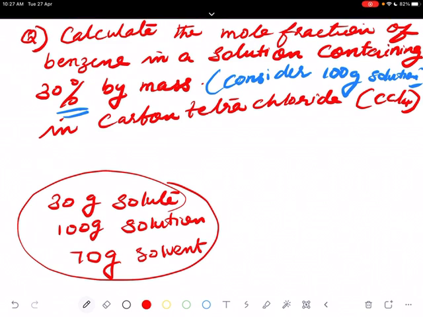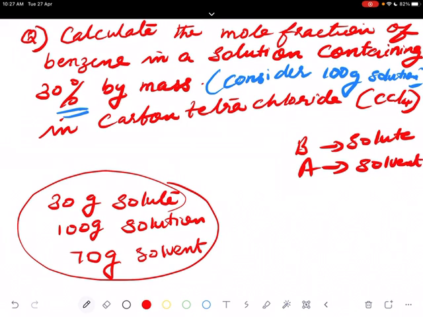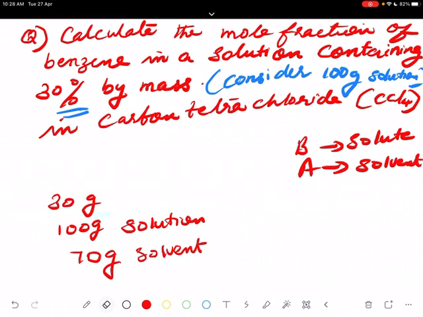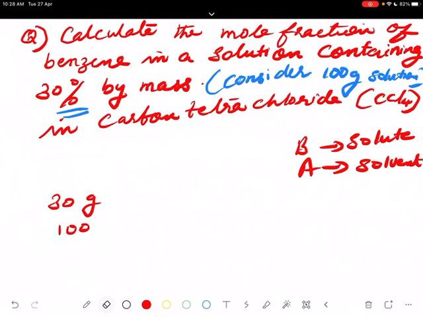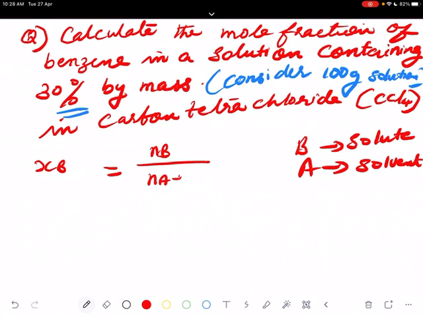Mole fraction of benzene, that is XB. B is always considered as the solute and A is considered as the solvent generally. So we have to find the mole fraction of the solute, that is XB, and the solute is benzene. So XB is equal to Nb upon Na plus Nb.